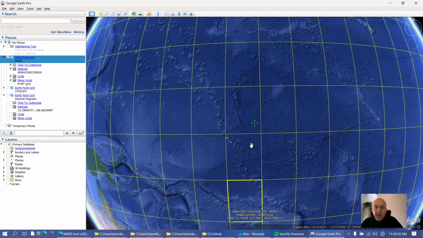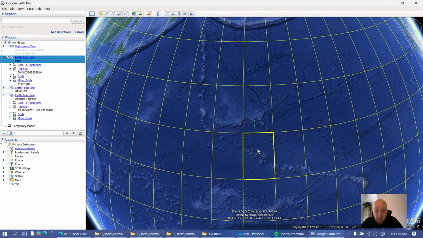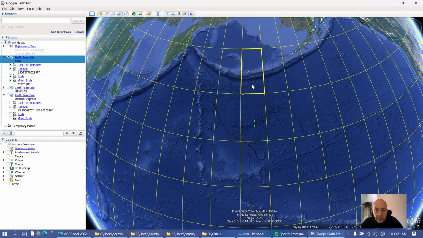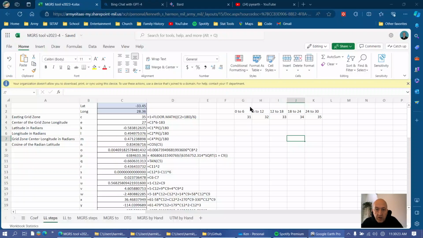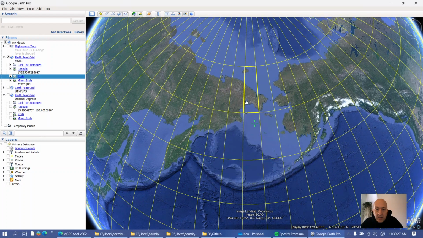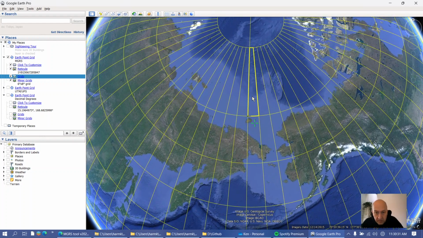And as we go up to the north, Romeo, Sierra, Tango, Uniform, Victor, Whiskey, and then these rectangles are a little bit longer.